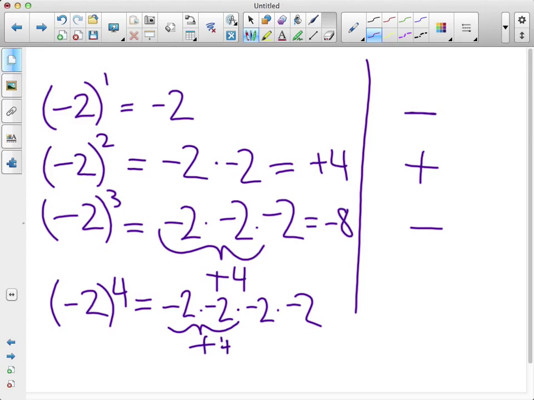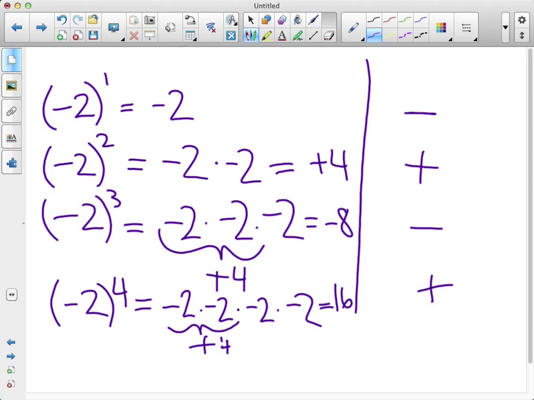If I multiply positive 4 times negative 2, I'm going to get a negative 8. And then when I turn around and multiply it by another negative 2, you're going to end up with a positive 16. So in this case, we'll end up with a positive result. As you keep going, this pattern will continue because every time you add a copy, it's going to end up being the opposite. So it'll start out negative, positive, negative, positive.